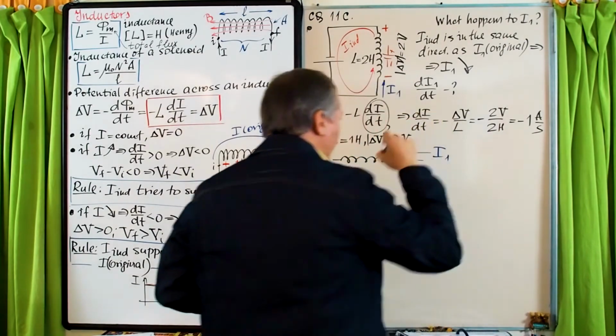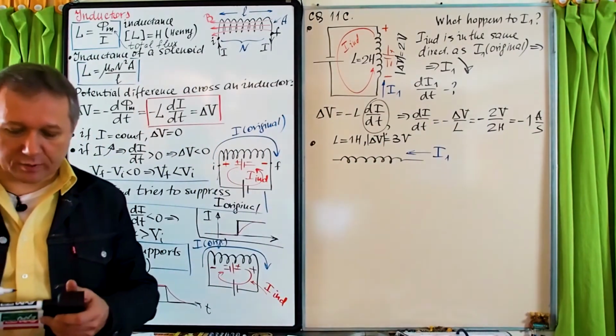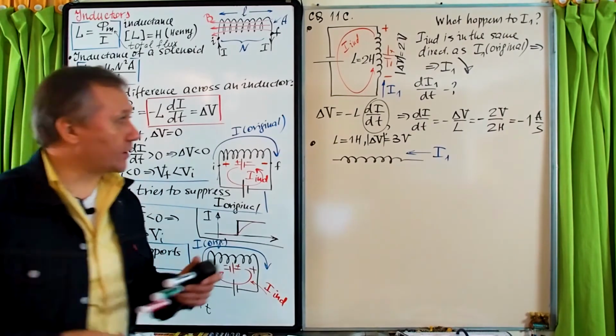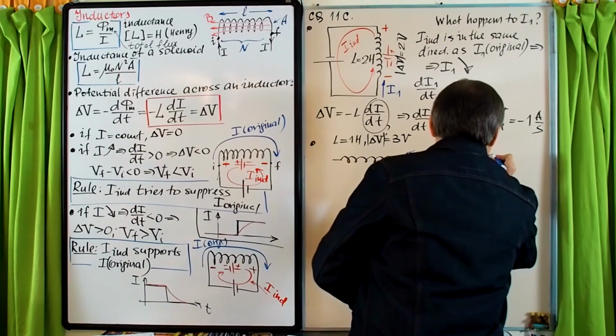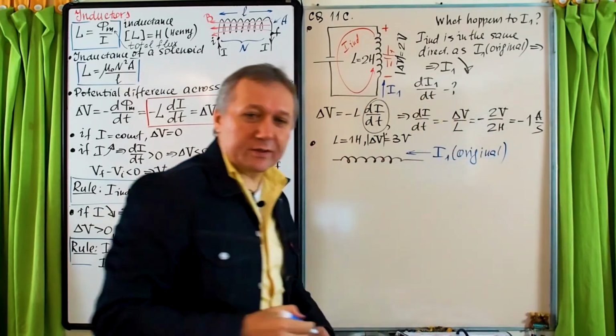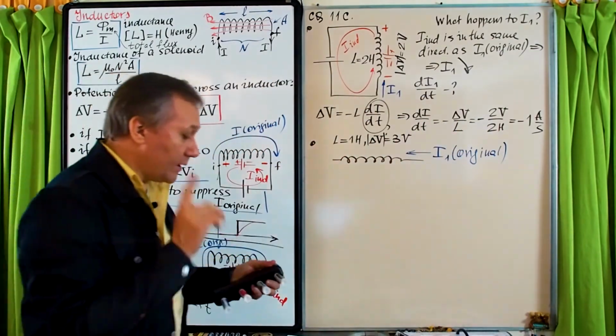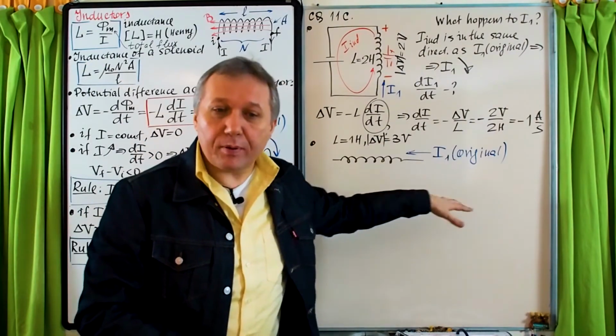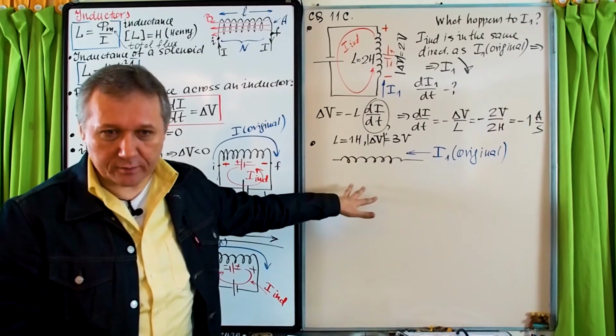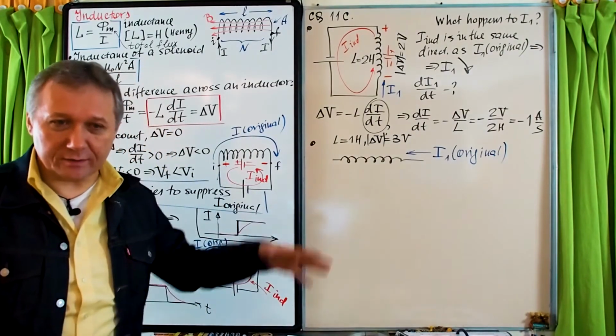Okay, let me still use I1 since it was in the first picture. So that's the original current. Let me emphasize, that's which creates all this mess. Then something happens to this original current which we don't know, but we know the response of the solenoid. We know what the solenoid does.